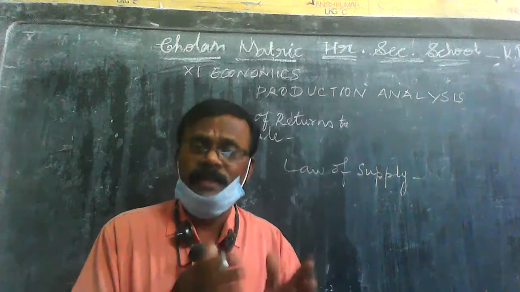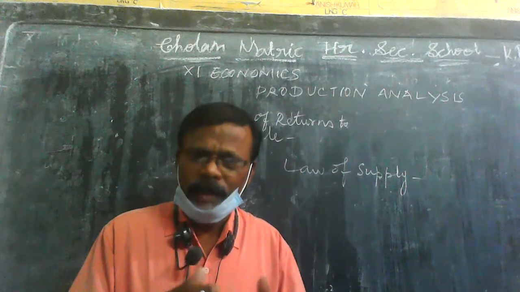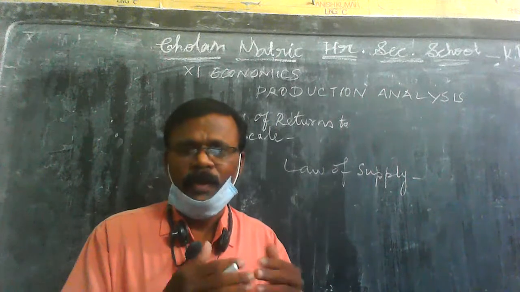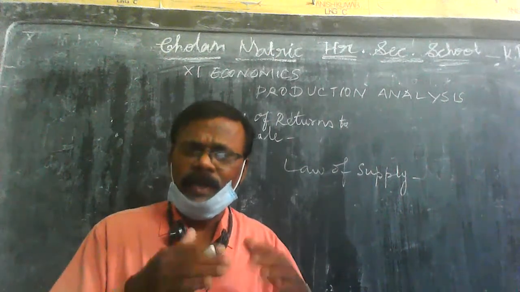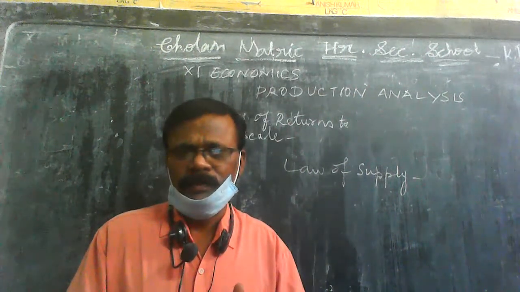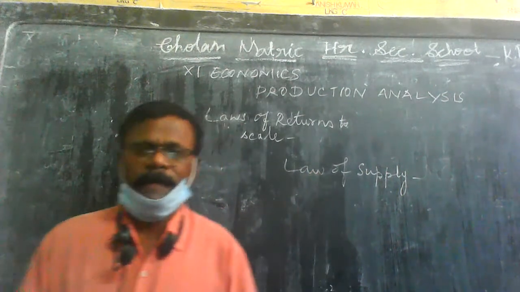The law of returns to scale explains the relationship between output and the scale of input in the long run when all the inputs are increased in the same proportion. So this is what is called the law of returns to scale.